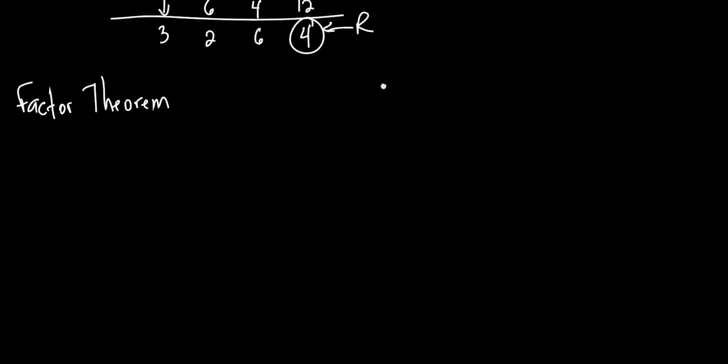The factor theorem says if my remainder comes out to be a 0, then that x minus k is a factor of my polynomial. You hear that? All right, so I'm not going to write it all down, but if it comes out to be a 0, then that x minus whatever or x plus whatever, that's going to be one of my factors. So let's do a problem, example 2, and let's put them both into play here.